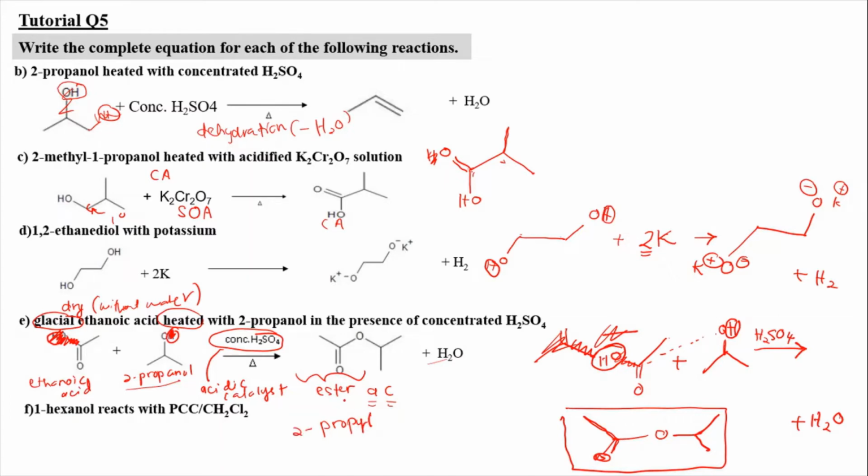So 2-propyl. Ethanoic acid, we change OIC into OATE, so it's going to be ethanoate. So the name is going to be 2-propyl ethanoate, and the byproduct is going to be water. Remember, the concentrated H2SO4 acts as a catalyst.